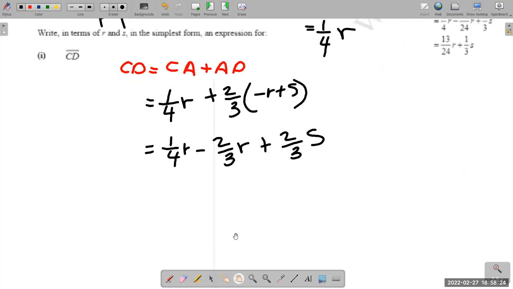So let's get the calculators out. A quarter minus a third, 2/3. Calculator people, let's go. Positive or negative?